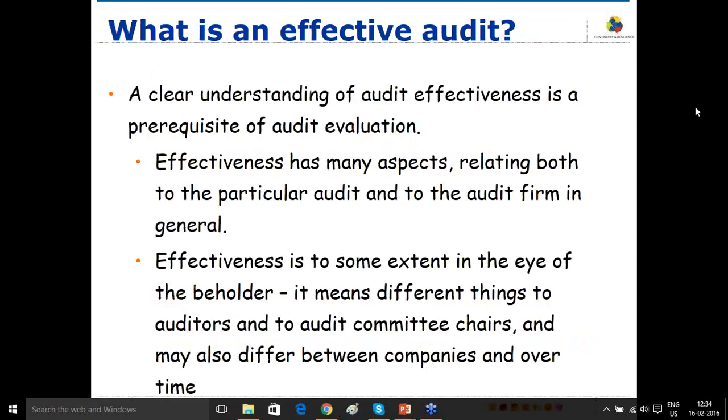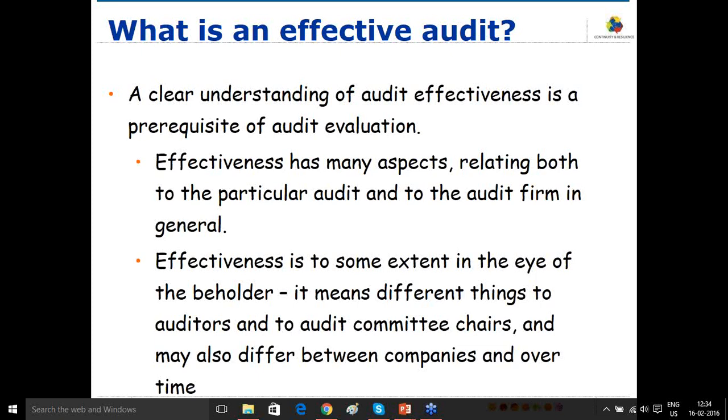Now, let us see some definitions. A clear understanding of audit effectiveness is a prerequisite of audit evaluation. Effectiveness can have many aspects related to both a particular audit and the audit firm in general. People understand effectiveness in different terms. Effectiveness is to some extent in the eyes of the beholder.